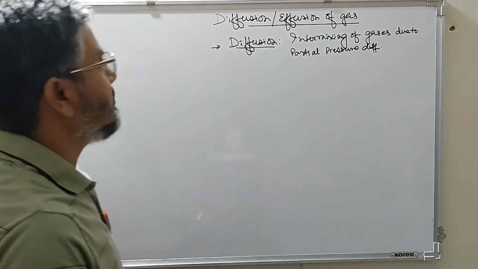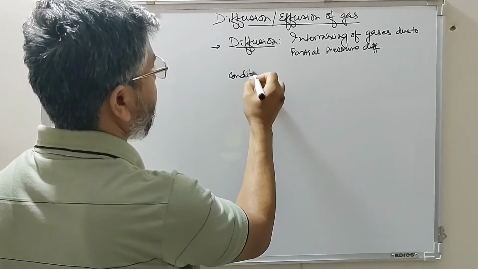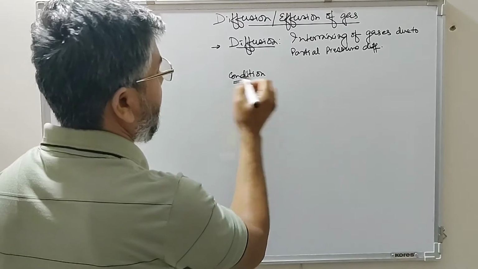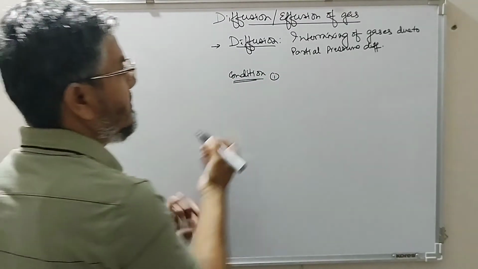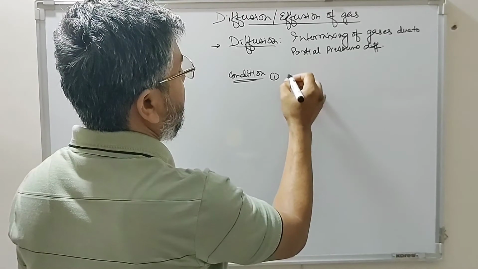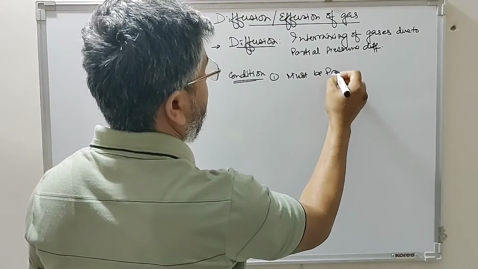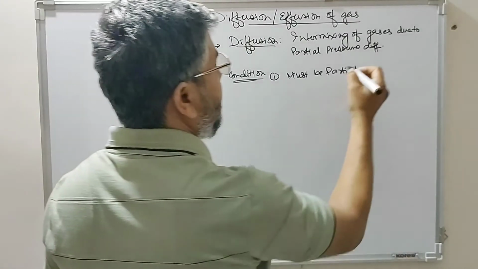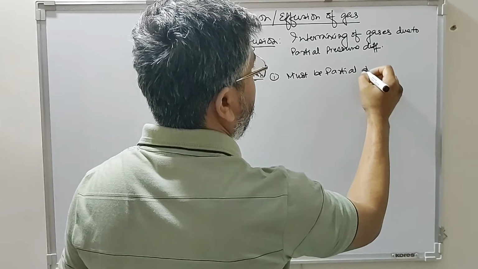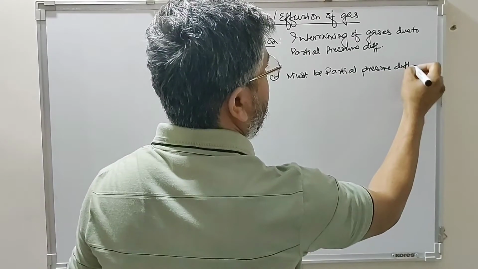So the condition required for diffusion is that there must be a partial pressure difference.